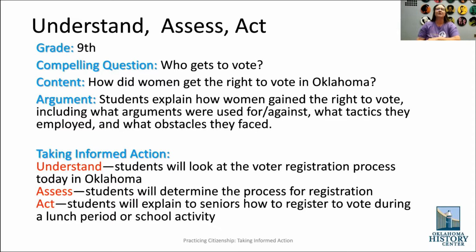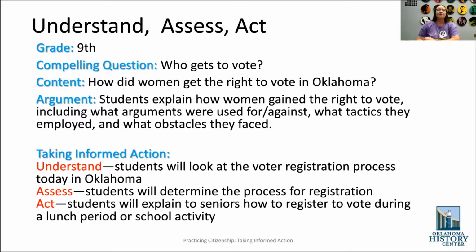And the compelling question is who gets to vote? Now that question can apply at many different points in a person's study on Oklahoma history and American history as well. So you can kind of keep coming back to that question, and students can gain some expertise on the concept. So for this particular inquiry though, you would be looking at how women got the right to vote in Oklahoma.